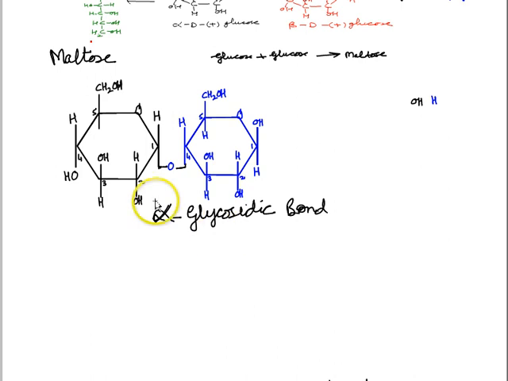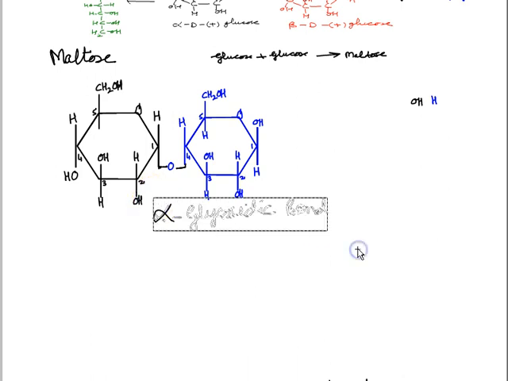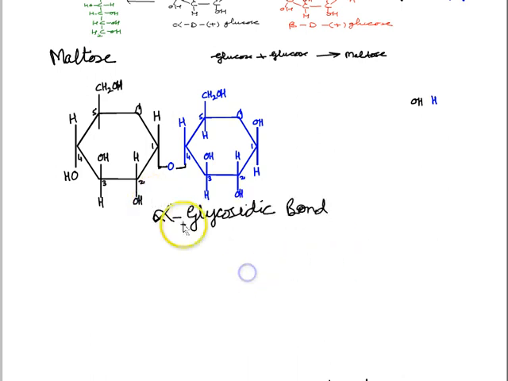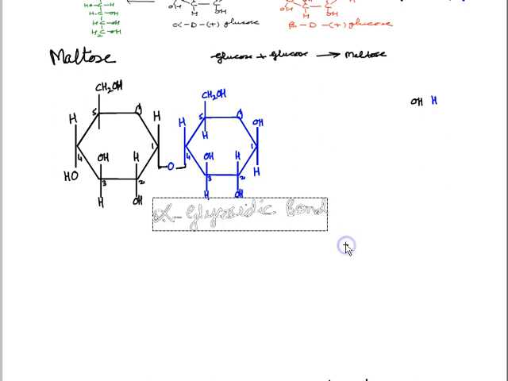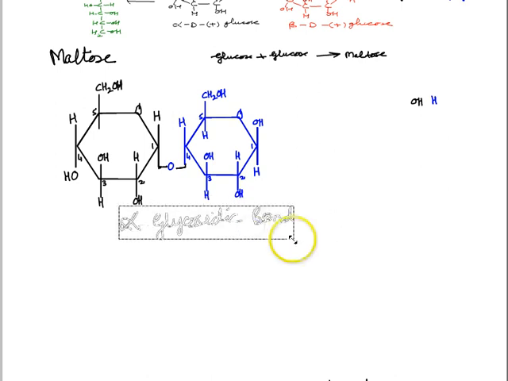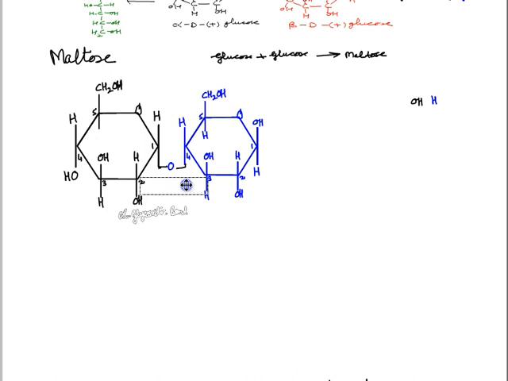And the bonding is glycosidic bonding. So this bonding is alpha glycosidic bond over here. If you see it here, this bond is formed over here. This is a bond here. So I take it down, right? So this molecule is called maltose.